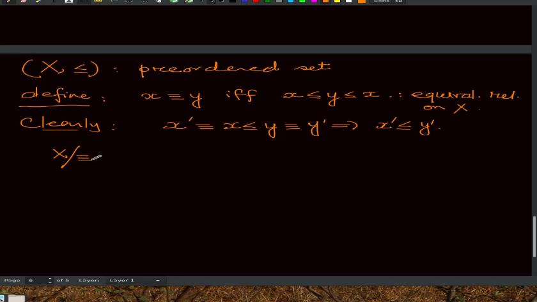So we have the factor set. On this factor set, we are defining this relation. What is it?